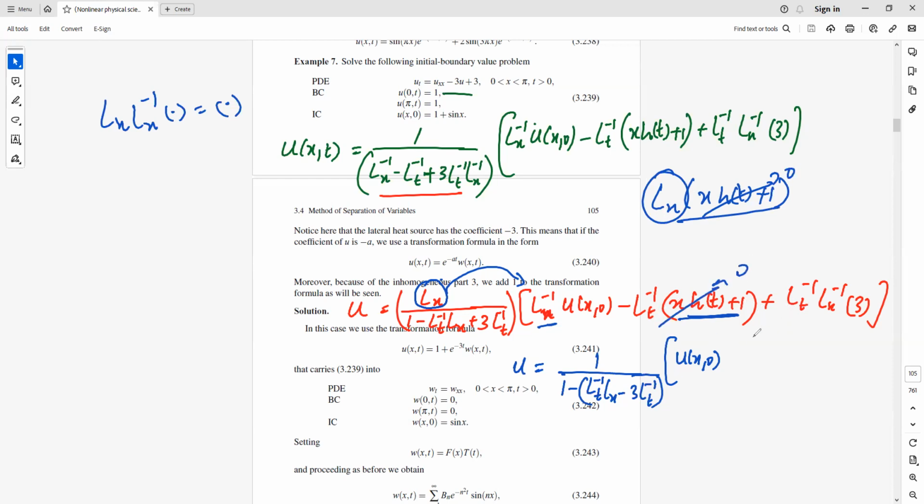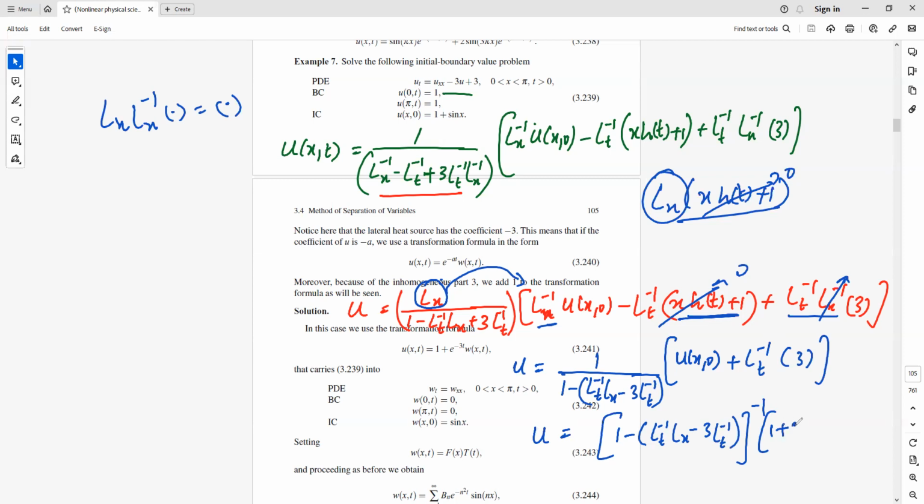And then plus Lx applied on Lx inverse cancels, so we are left with Lt inverse applied on 3. Now shift this denominator into the numerator, so we can write it as Lt inverse whole to the power -1, and U(x,0) is 1 plus sine x, plus this will be 3t.